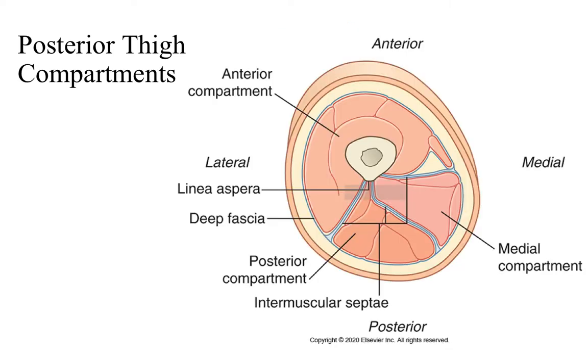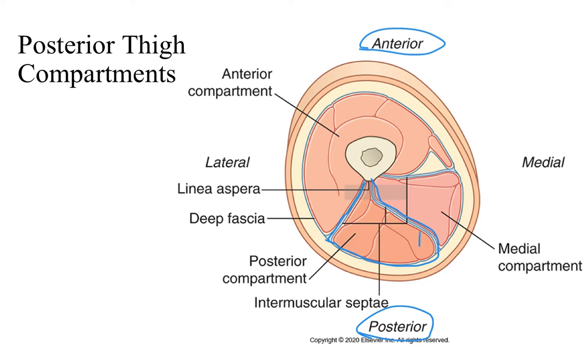This is a cross section of the thigh, and take note that the anterior is here and posterior is here. The section we are concerned with is in an orangish color, as opposed to the pink of the other compartments.